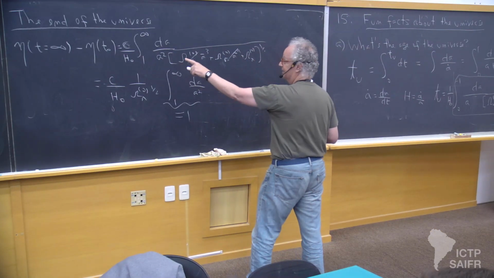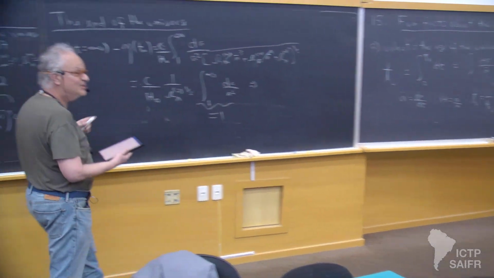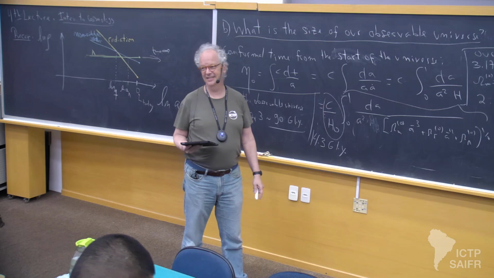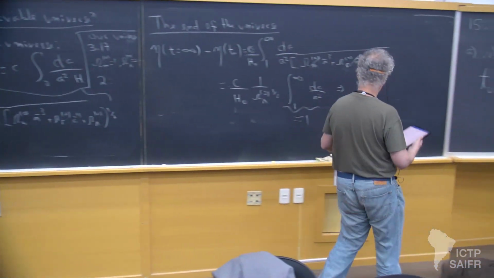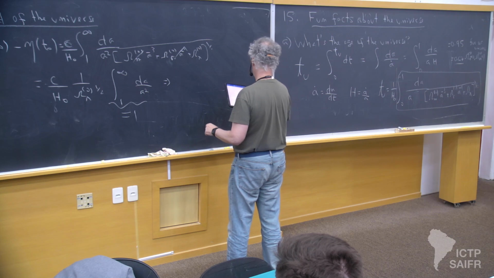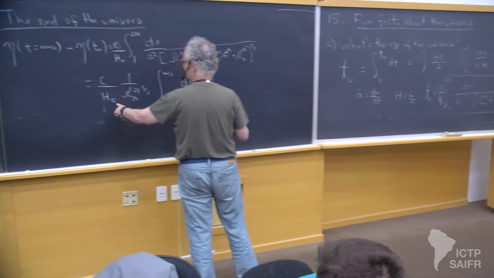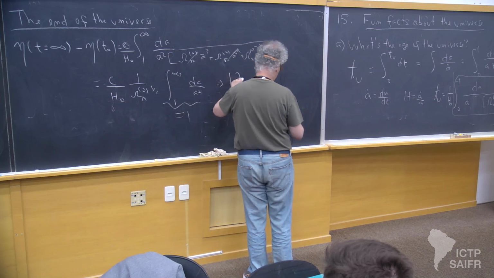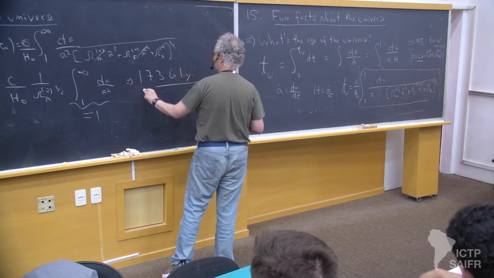So it means that even if you wait infinite time, conformal time is finite. And you can compute it. This factor here is about 1.2. This is the 14.3 giga light years. So I get 17.3 giga light years.